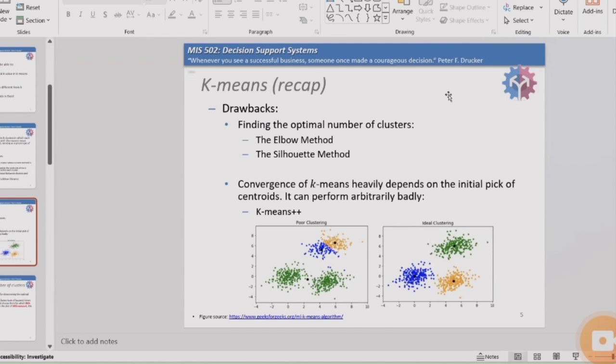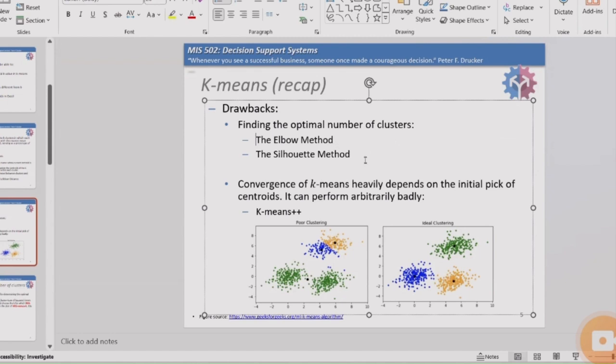By the way, both these methods are just for your normal knowledge, which means that we are not going to solve them. But at least you should know what the elbow method and the Silhouette method mean, because when you go and try to solve this in Orange, it will ask which method you would like to pick: the elbow method or the Silhouette method. These are options available in the software, and you should know how each picks things.